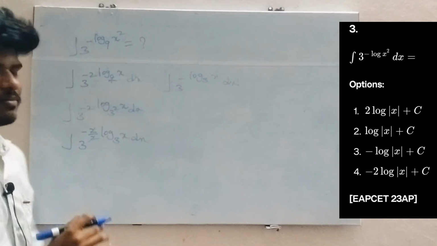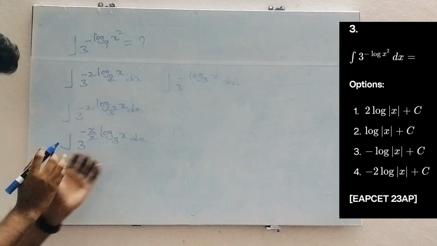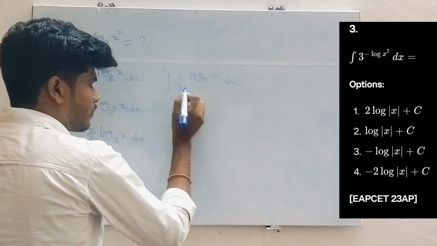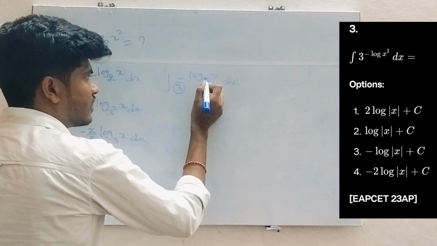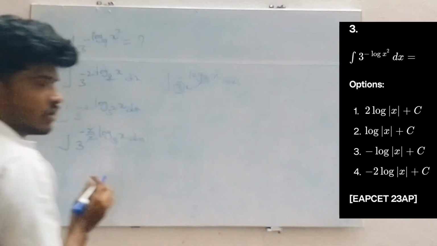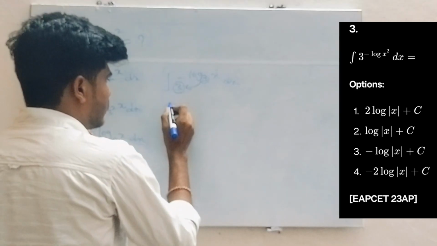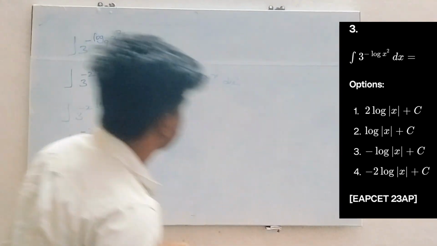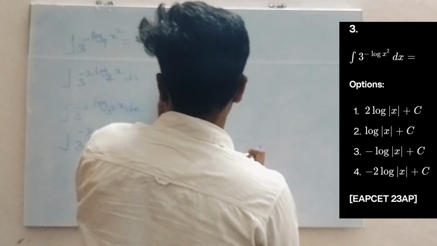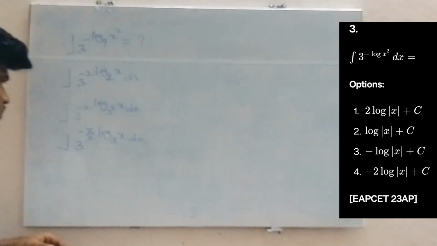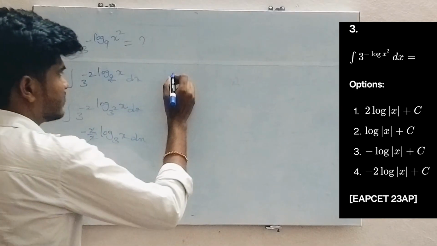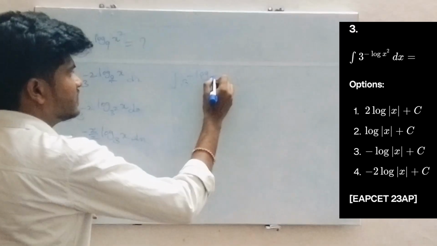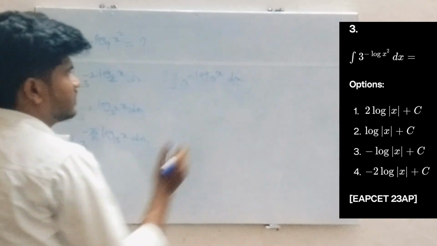Clearly observe this term. First of all, we have the power value and the base value, both are the same. Then next, integral of 3 power minus log of base 3 and x dx.